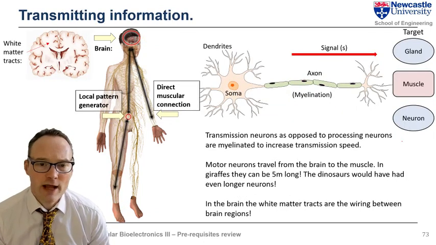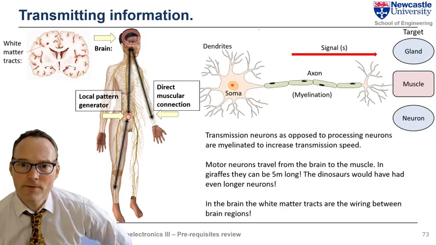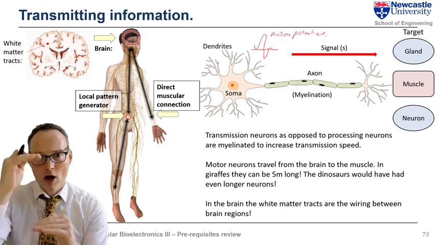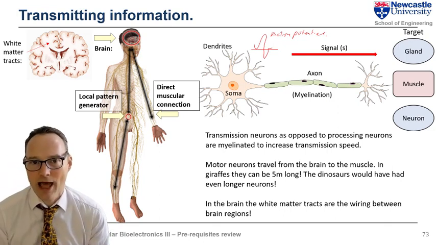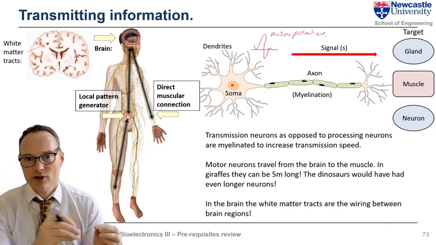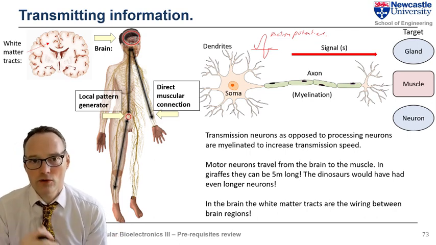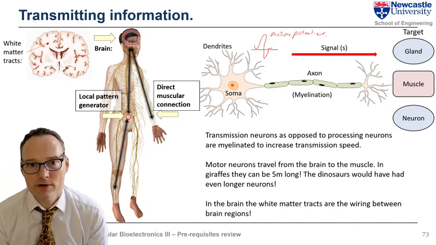So in terms of transmitting information, as we've described before, the primary form of information is the action potential. The reason for the action potential being the way it is is that it has a digital amplitude, so as it traverses over distance, it does not lose information in terms of height.